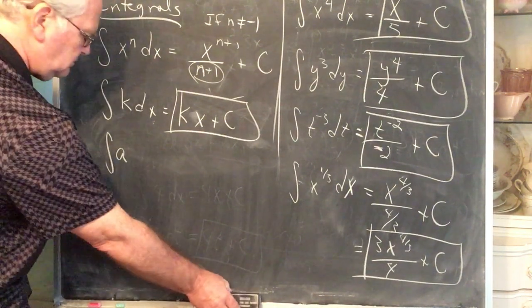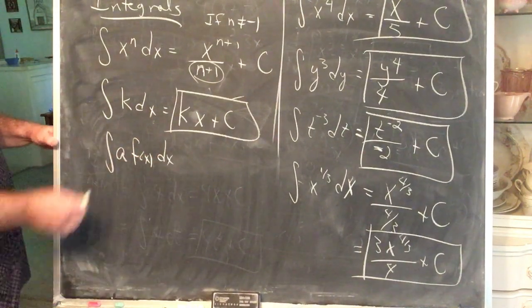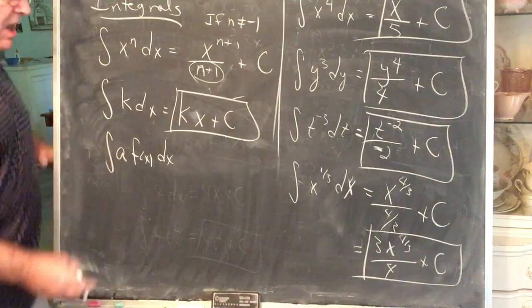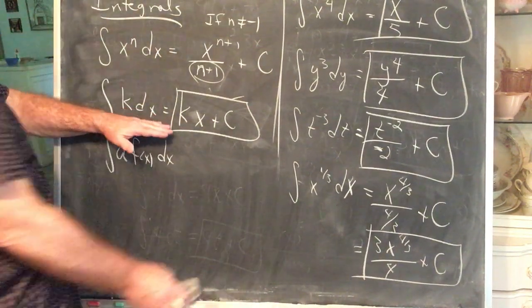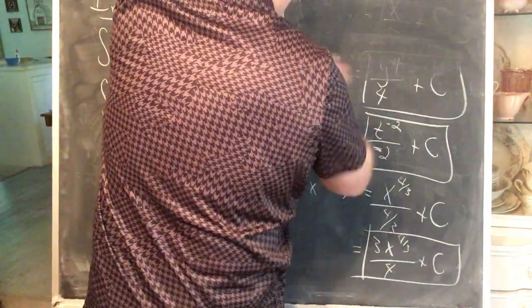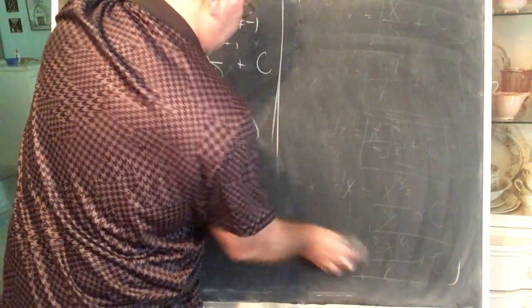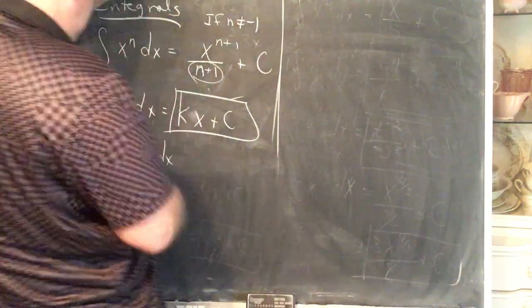Suppose we have a constant times a function. What would be a specific case? I think we've done several examples of this. This is straightforward, and we'll walk through several examples of that. But I do want to pitch this a little bit.